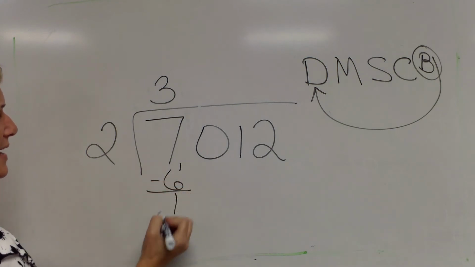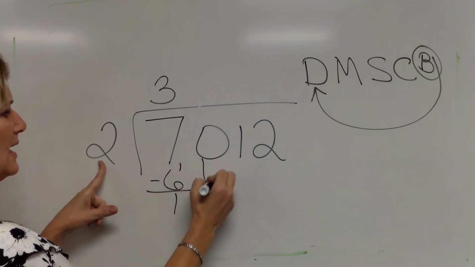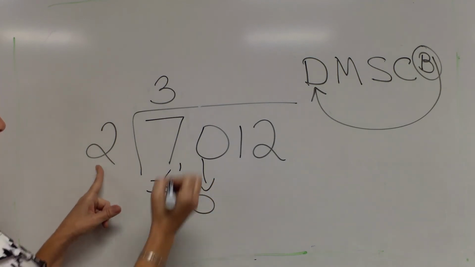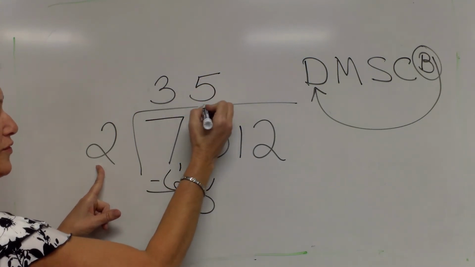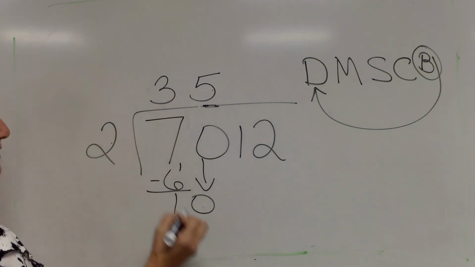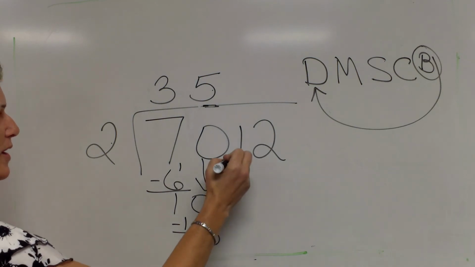I'm going to subtract. Is 1 smaller than 2? Yes. I bring down my next number. 10 divided by 2 is 5. I make sure that the 5 goes over the 0 because that's the last number I brought down. 5 times 2 is 10. I subtract. I have 0.